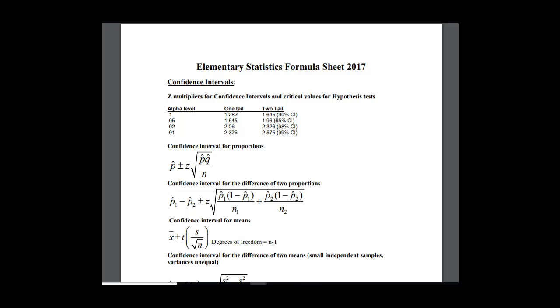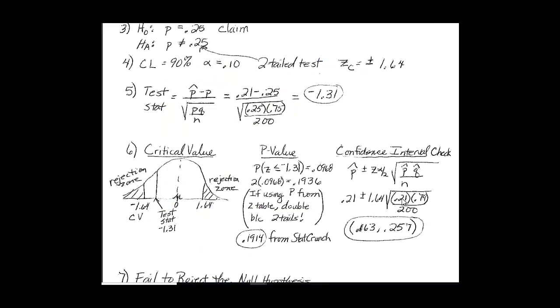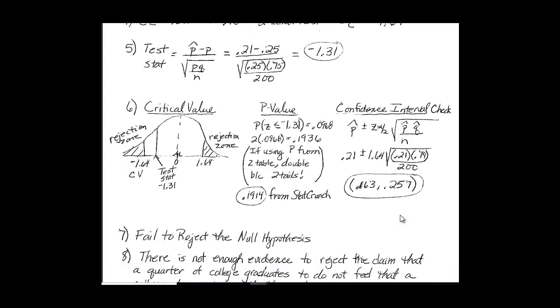And then we're plugging in the p-hat and the q-hat. This time it's 0.21 and 0.79. So the confidence interval uses p-hat, q-hat. Our test statistic uses our population proportion, P and Q, not our p-hat. Okay, when we plug that in, we get this range of 0.163, 0.257.